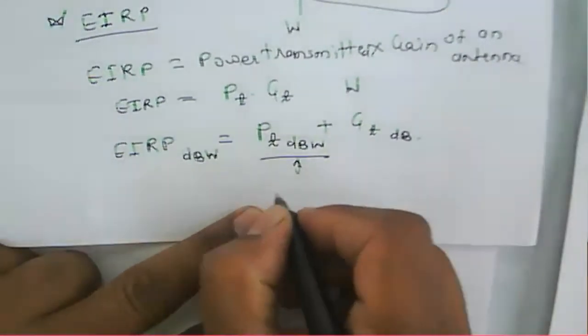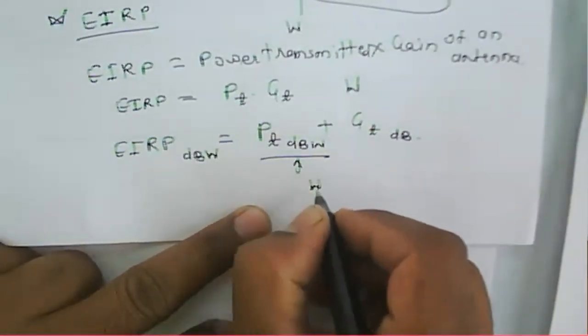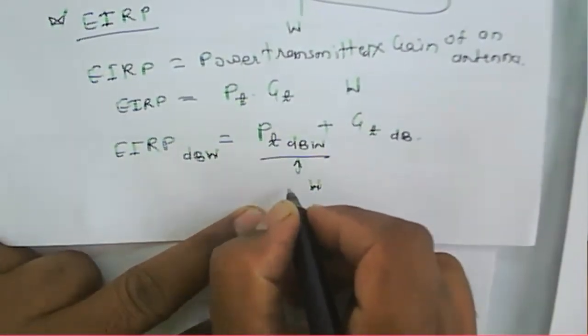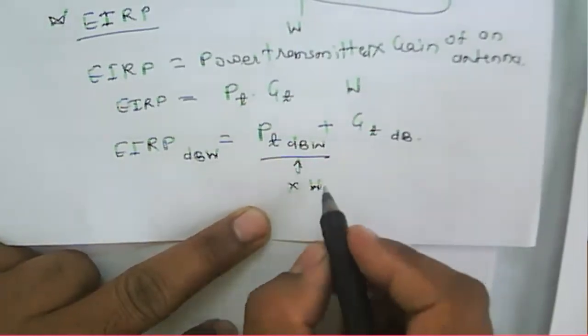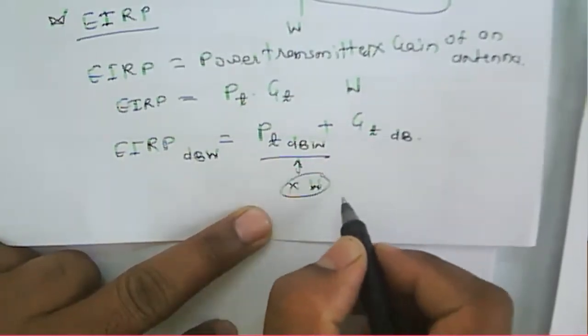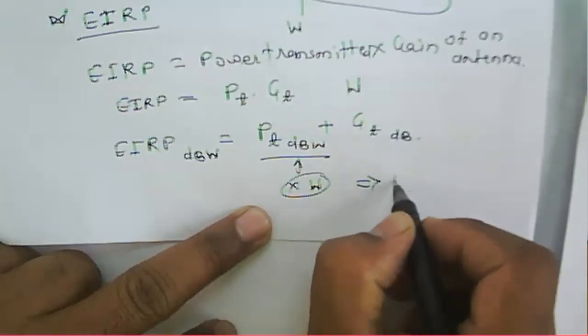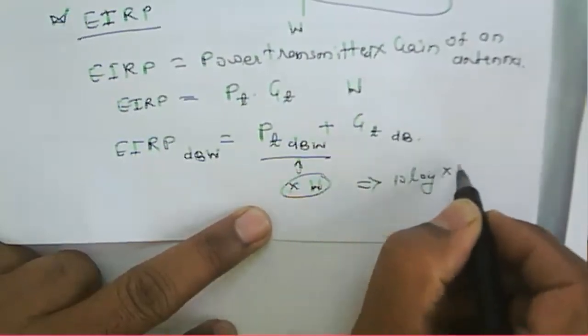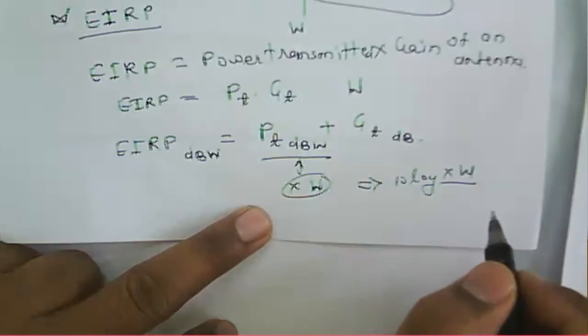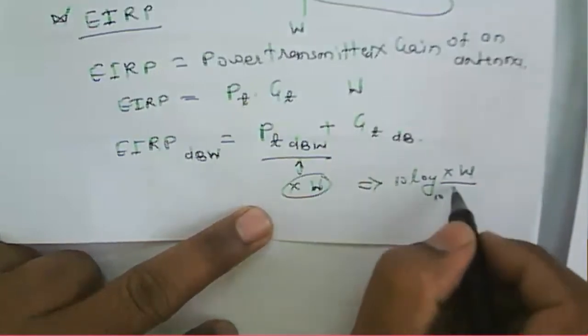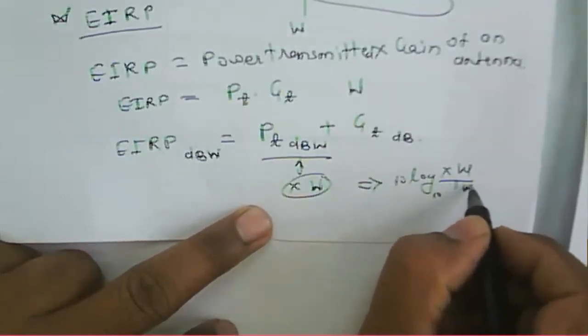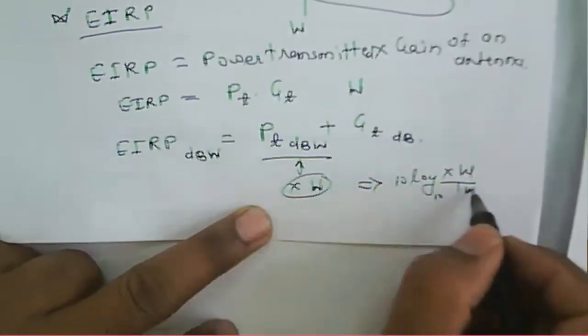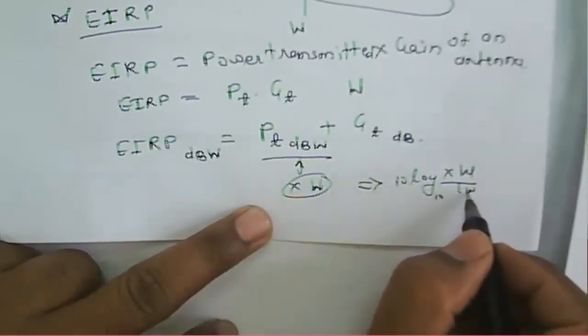So suppose some power is given as x watt here, and we need to convert it into dB. We just convert that as 10 log of the x watt power with respect to 1 watt. If it is a milliwatt, it is dBm, so milliwatt.